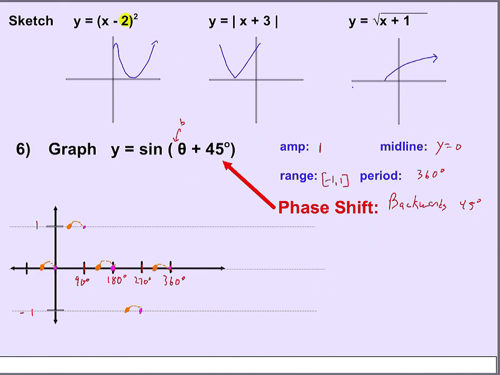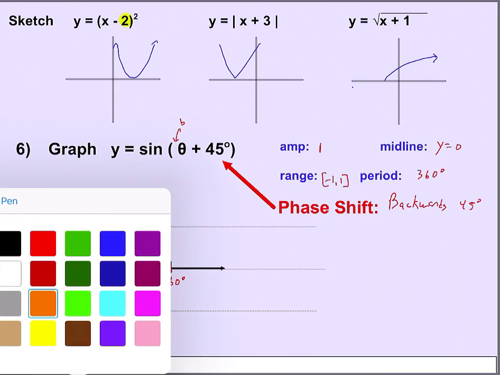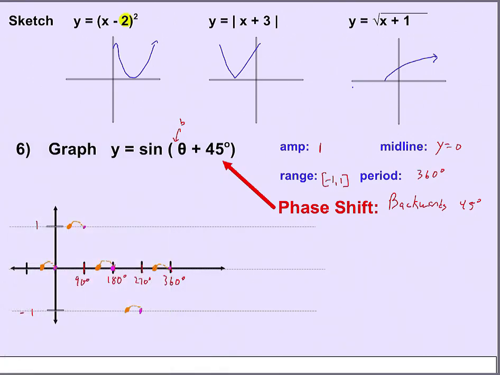And you don't have to label the numbers on the x-axis. We just now have to connect our new dots. So I'll do that in a final color. Just a little bit at the end there. And there is our sine curve with the phase shift.